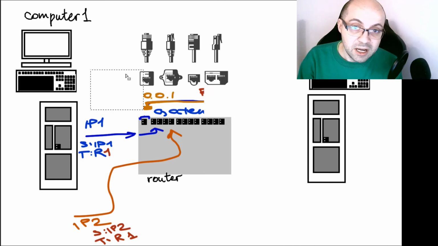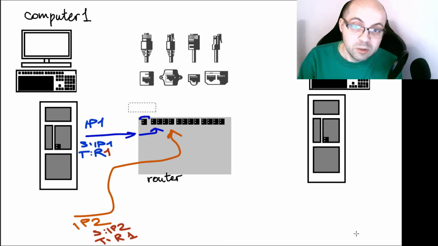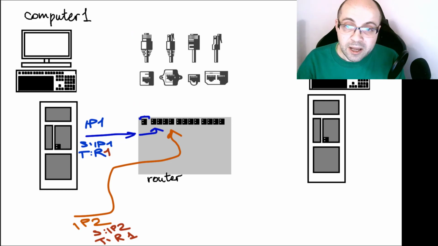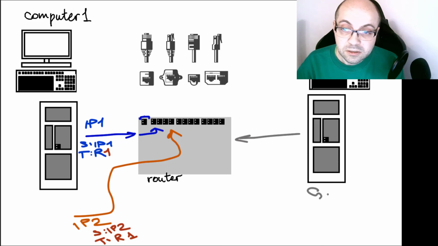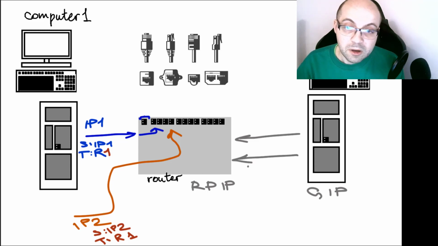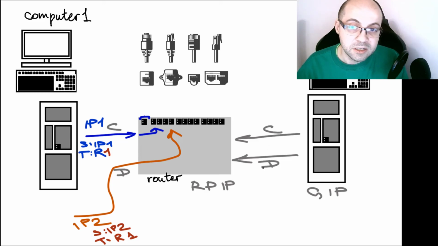Now in this setup, there is a bit of a problem. Let's say we had two requests happening, and then we got two replies, and the replies come back to the router from Google. These replies come from Google IP to router public IP, RPIP. But how do we know which one is for the cat request and which one is for the dog request?